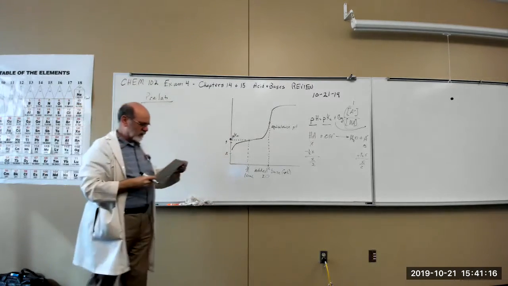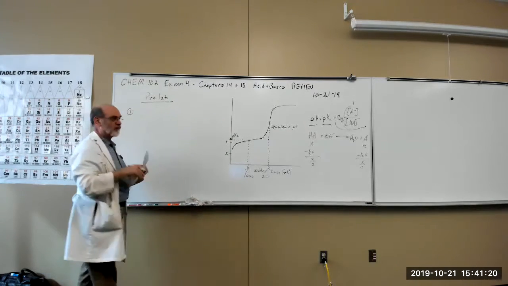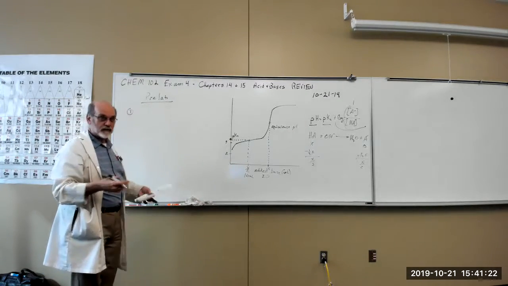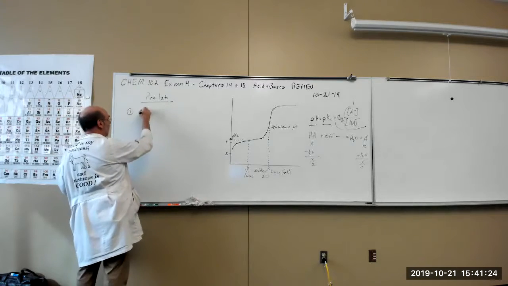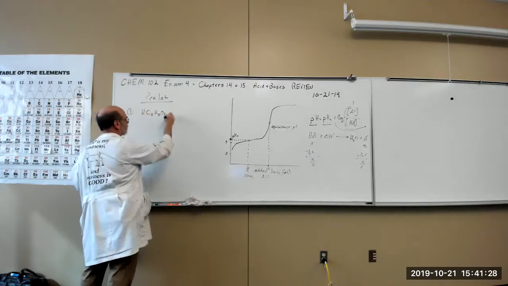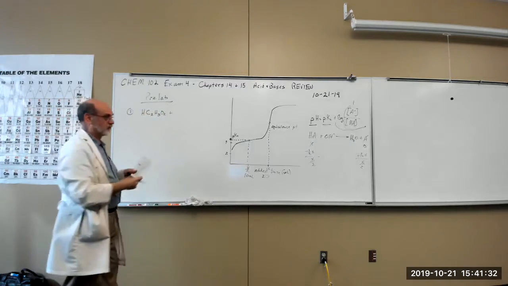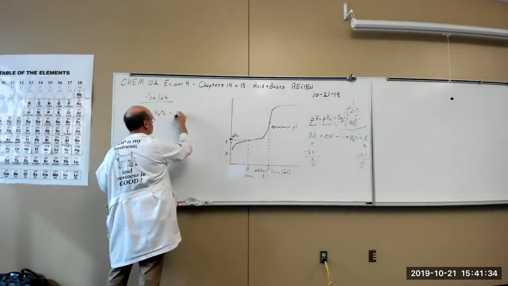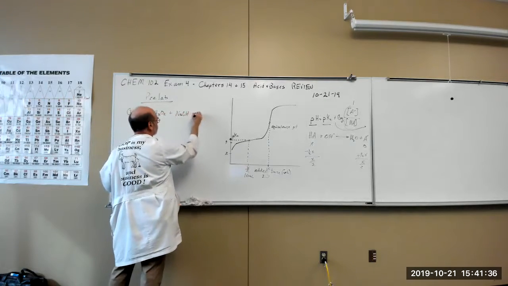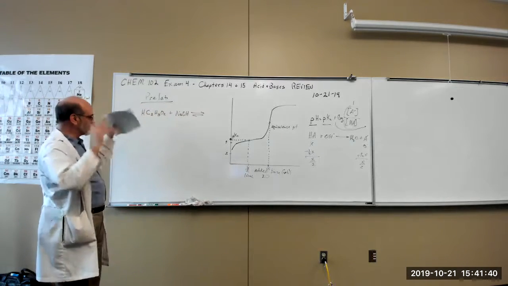Write the balanced molecular equation for the titration of acetic acid with sodium hydroxide. The molecular equation, right? So if you're starting out with acetic acid, you're going to react it with what? Sodium hydroxide, right? So these are the 2 reactants. There. This is the molecular equation. So we're not going to bust it up into pieces.